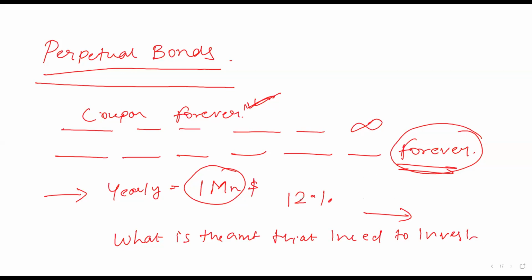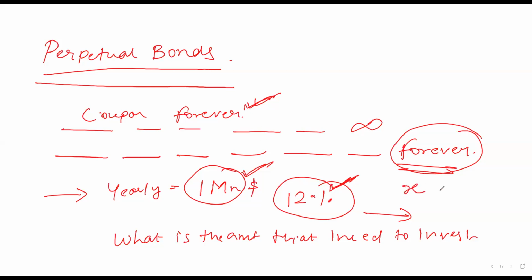What is the amount that I need to invest today, into a bond which is giving me a 12% return, so that I can enjoy the rest of my life with an expense of $1 million? Tell me, you need to evaluate the amount.